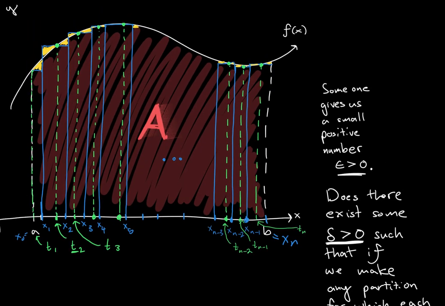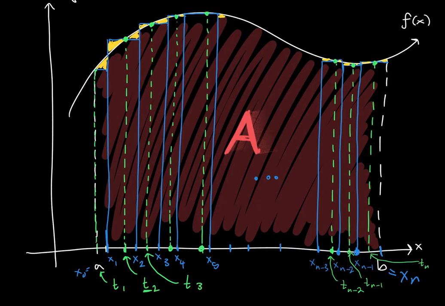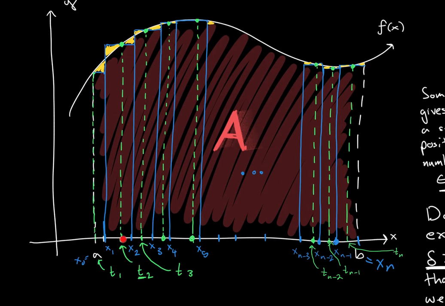Okay, so if we're handed a tiny number, 1 over a billion, if we can choose a small enough partition, if we can dice up this interval finely enough into enough subintervals, really what we want to say is, is there some sort of corresponding small number such that if we force any partition to have each of these lengths smaller than that response number, then the sum of the area of the rectangles made will differ from the actual area by less than epsilon?